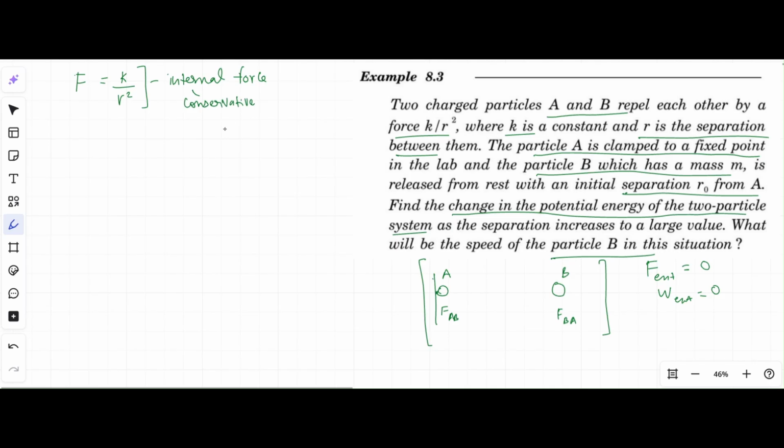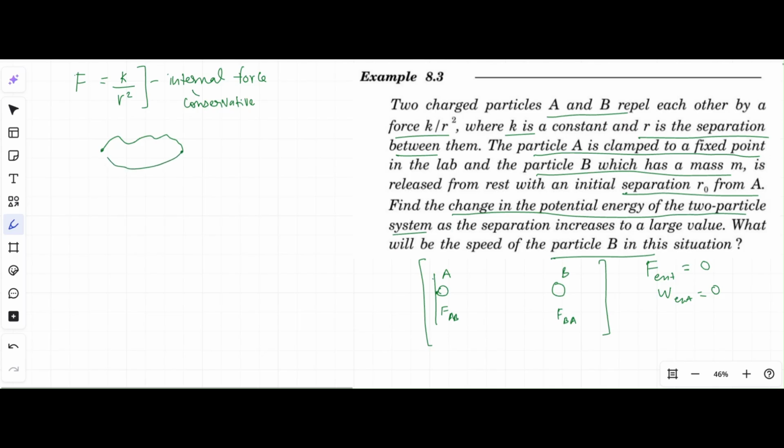If you don't know what is conservative, you can go and look into the theoretical lecture class. Conservative basically means that the work done depends on initial and final position, does not depend on the path taken.